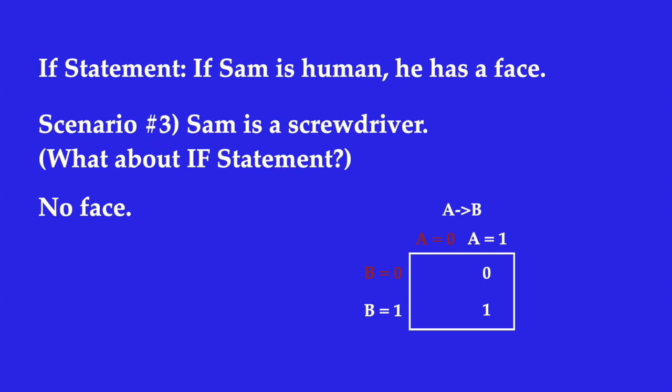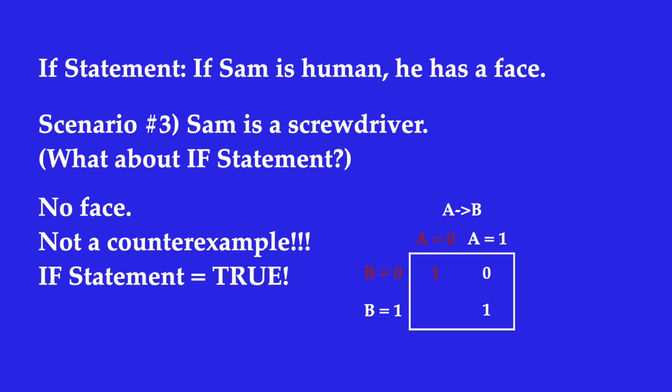If Sam is human, he has a face. It still sounds true to me. The screwdriver doesn't have a face, but it is also not human, so this really isn't a counterexample. So the if statement stays intact, and we can place a 1 where A equals 0 and B equals 0.